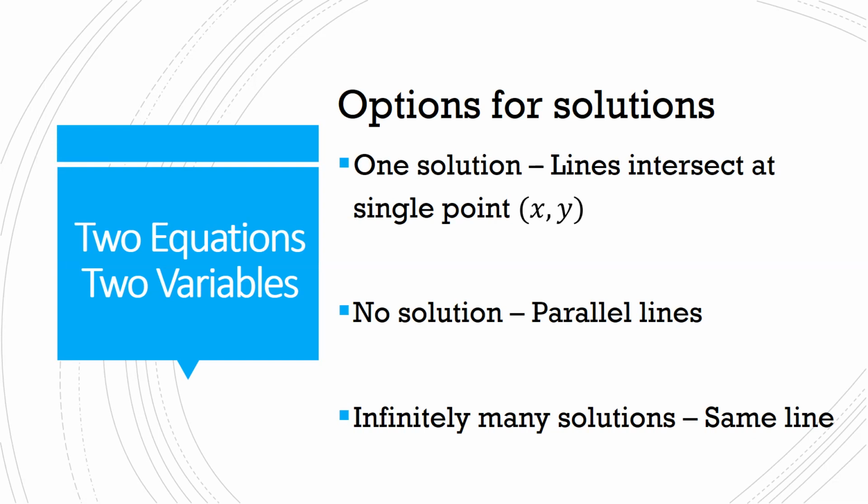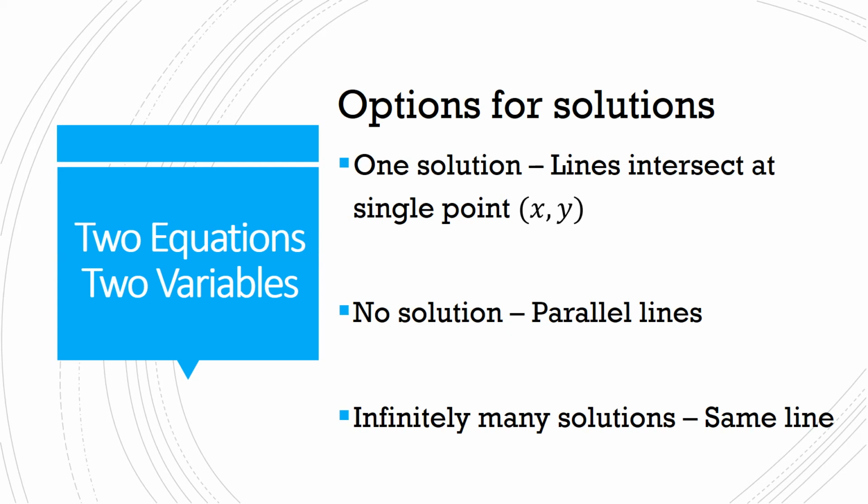However, there are other options for what could happen. If you think about having two lines, there is a scenario in which we have two lines that are parallel. Hopefully we know that parallel lines never cross, and therefore parallel lines are going to have no solution to the system of linear equations.